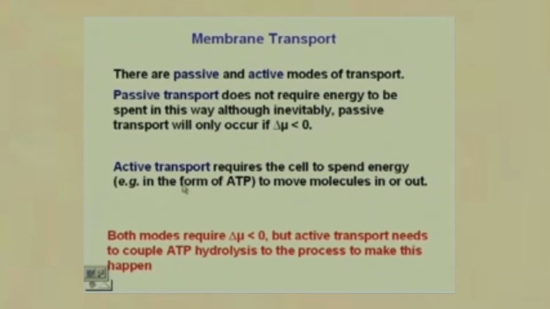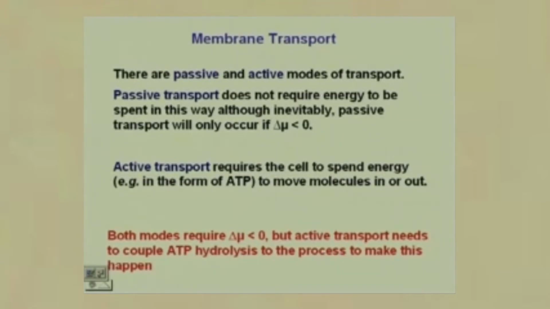But for now, we have to know that when we have membrane transport, we have two kinds of transport: passive transport that does not require any energy for the solute molecules to pass through, and active transport where the cell has to spend energy, and it gets this energy from ATP hydrolysis. In ATP hydrolysis, a high energy bond breaks and energy is produced.